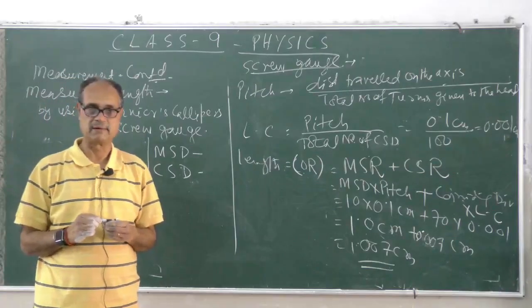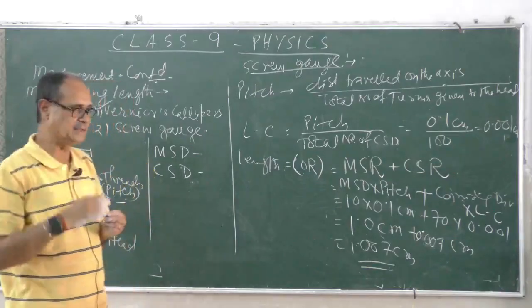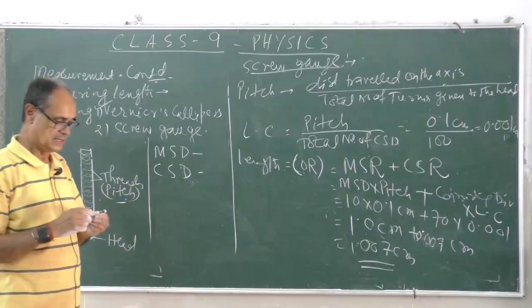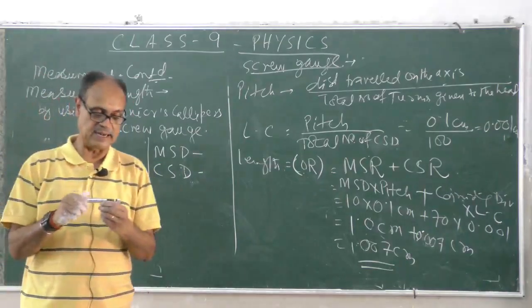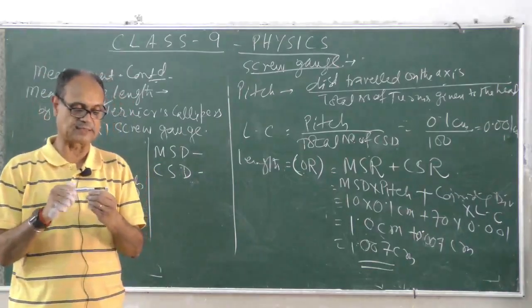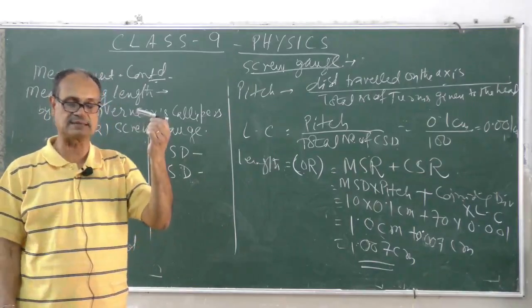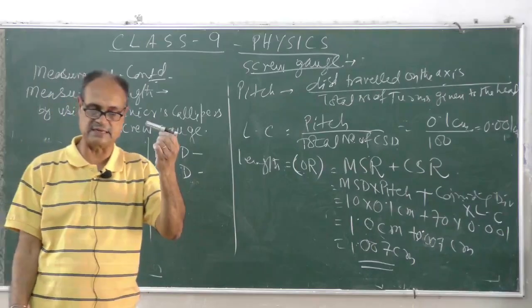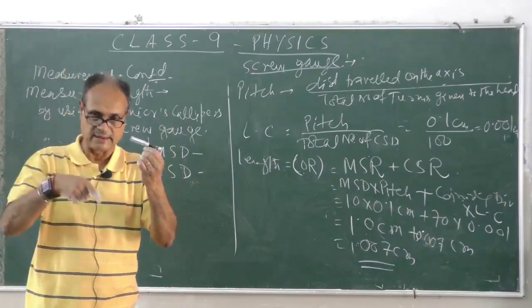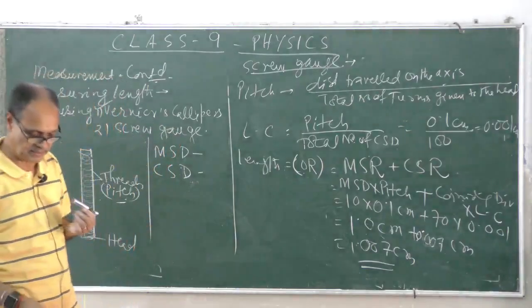So here there can also be zero error. Just keep in mind the concept of zero error. When both the stud and the tip are together, these finer divisions are there. The circular scale, vernier and main scale division zero should be in line, but sometimes it is not coming in the same straight line.